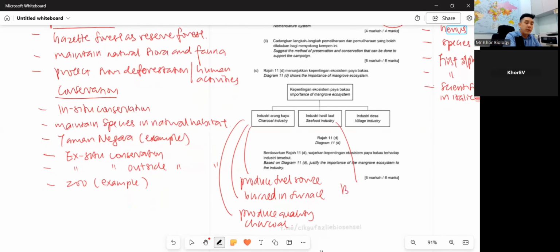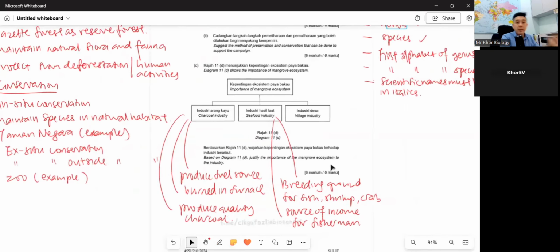Next, in terms of seafood, mangrove is a breeding ground for small organisms such as fish, shrimp, crab, and it is a source of income for fishermen.